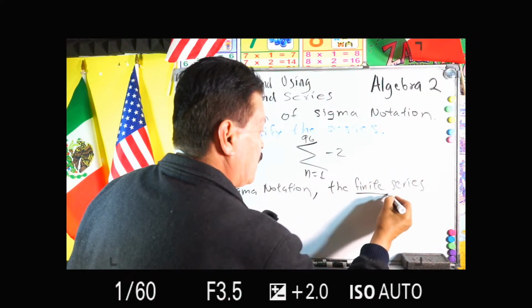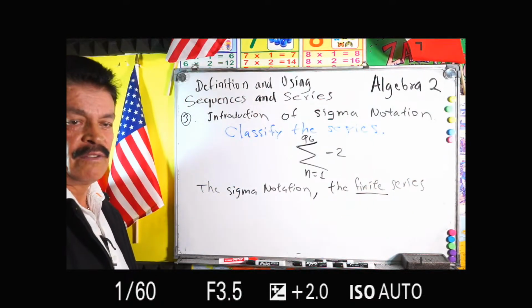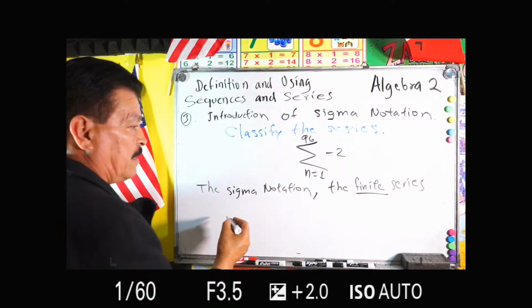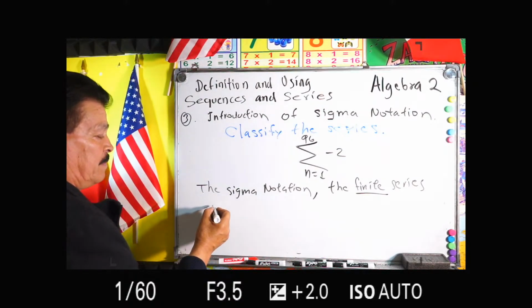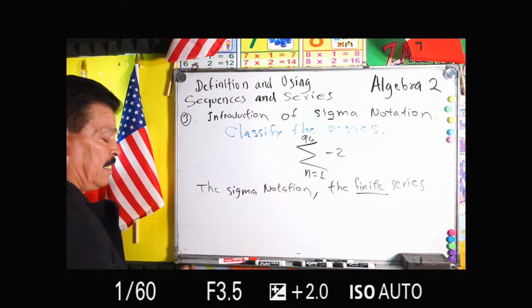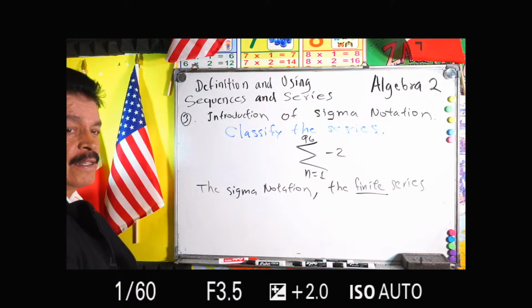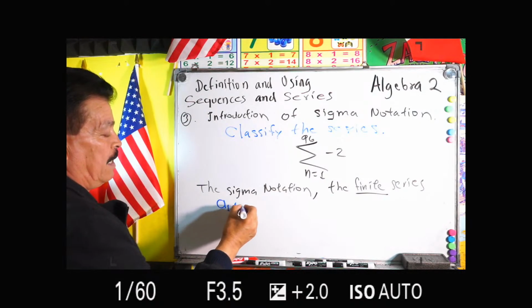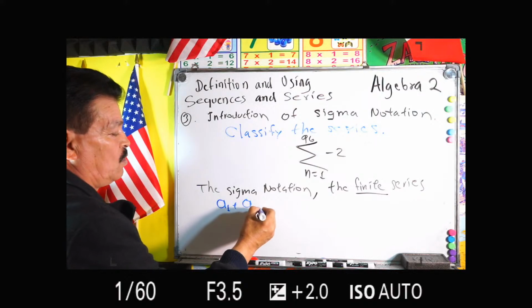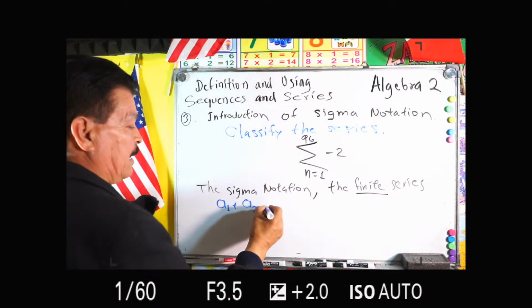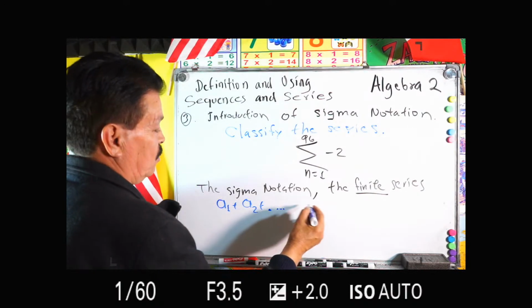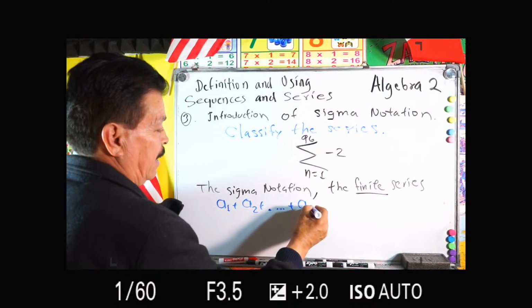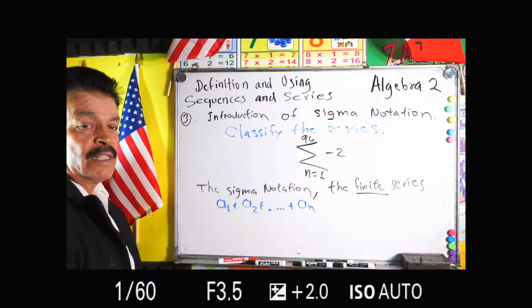To understand this, it's very important when you see the infinity series, for instance, let's write a1 plus a2 plus so on plus an.